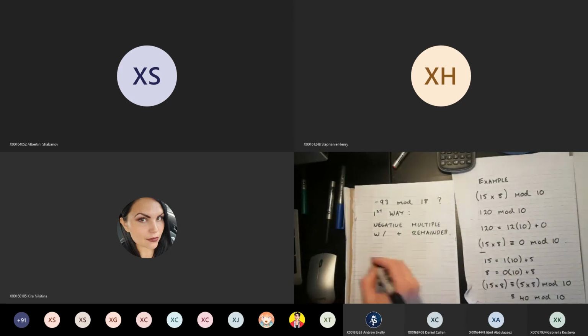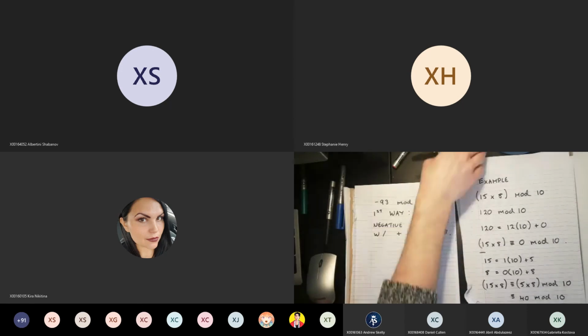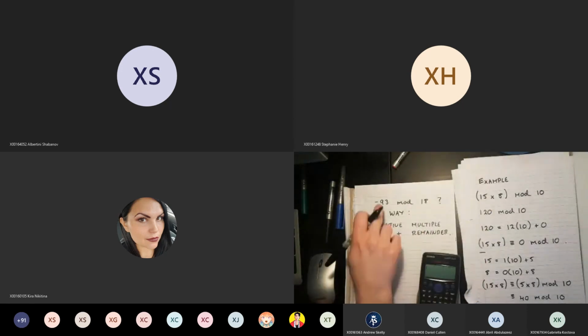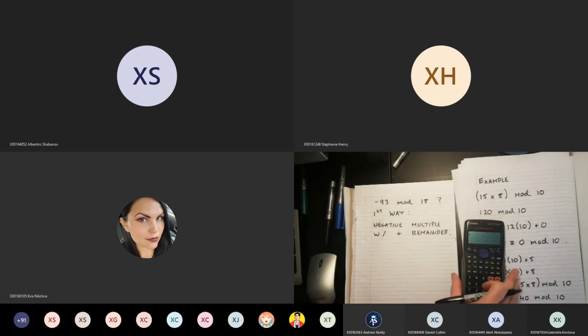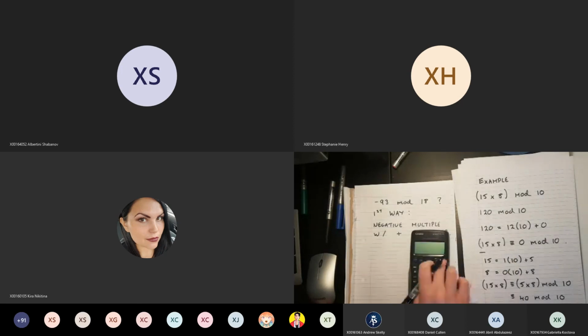So how would I go about this? Well, I would be trying to find the multiple of 18 which would actually be below minus 93. So I put minus 93 onto my calculator, and I'm now going to divide by 18.